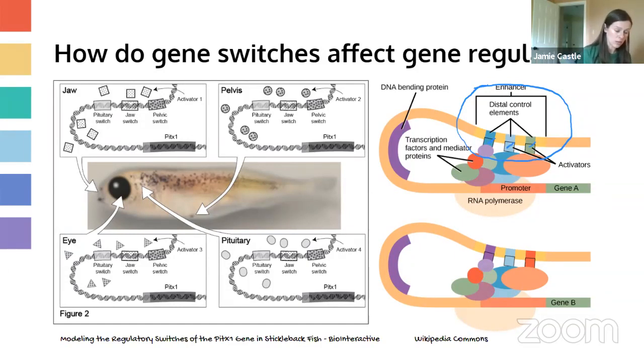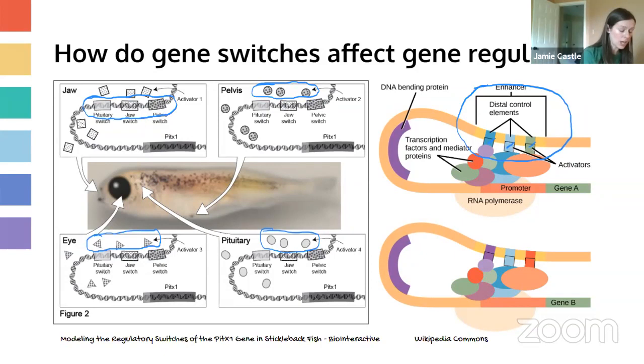We also see it over here on the left. These are the switches for the stickleback gene. And depending on where in the body the particular cells are located in the stickleback fish, certain switches will be turned on and off depending on which transcription factors are available and which switches they match up with.